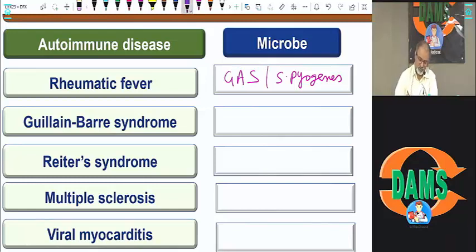Guillain-Barré syndrome, GBS. It's a type of ascending paralysis. All in my notes. If you read the notes, it will be there. It's a complication of one disease: Campylobacter jejuni. Ascending paralysis. Botulism is descending paralysis.